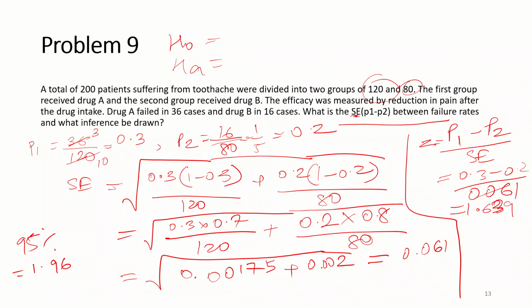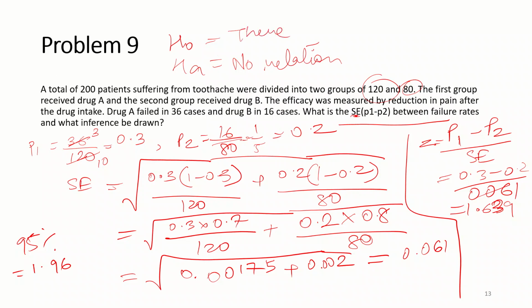No, we have to find the relation between the drugs. So the null hypothesis is that there is no difference between drug A and drug B, and the alternative hypothesis is that there is a difference.